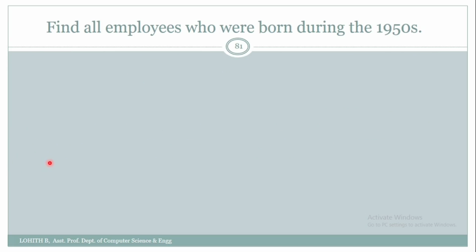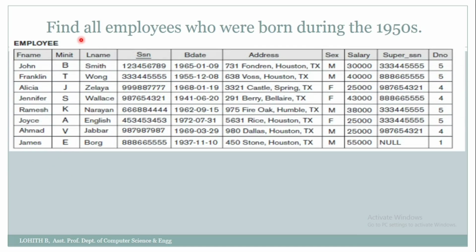Let us understand this concept with an example. Find all employees who were born during 1950s. 1950s means it's a birth date. I just want to retrieve those employees who were born during the 1950s.